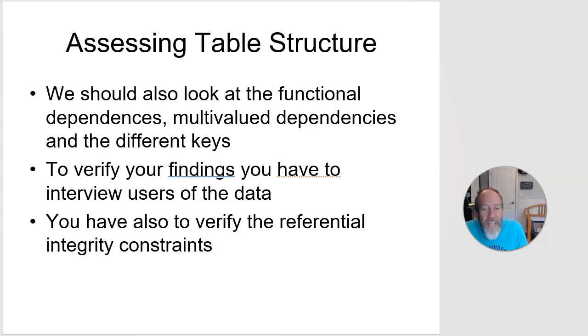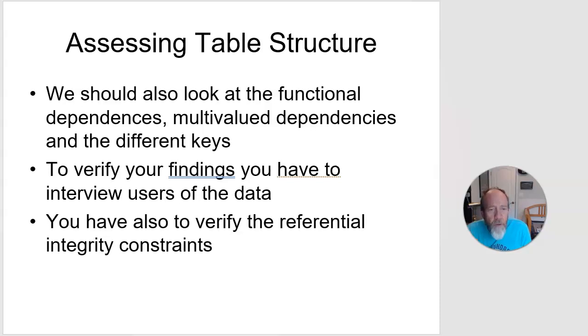Interviewing data users or data input, okay? Because that is the number one piece of making the design, is what data do you need to store and how is that data going to be used? Okay, let me repeat that. What data needs to be stored and how is that data going to be used? Those affect your design more than anything else that you're going to do.